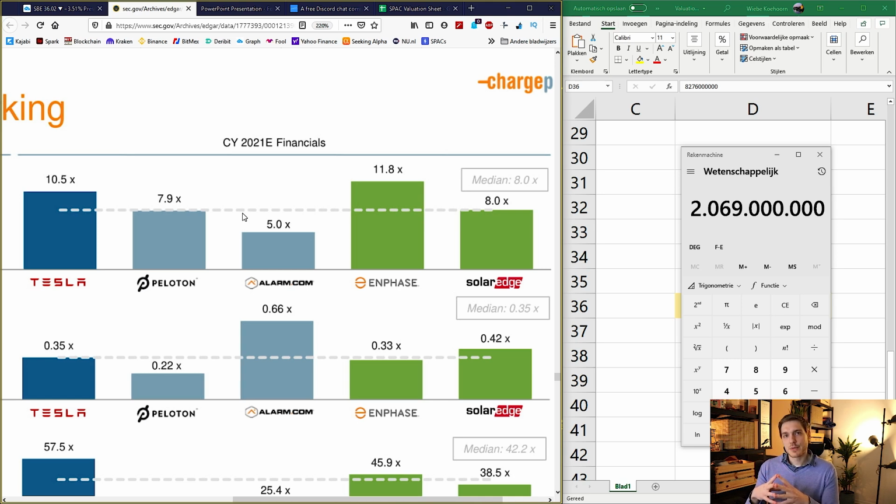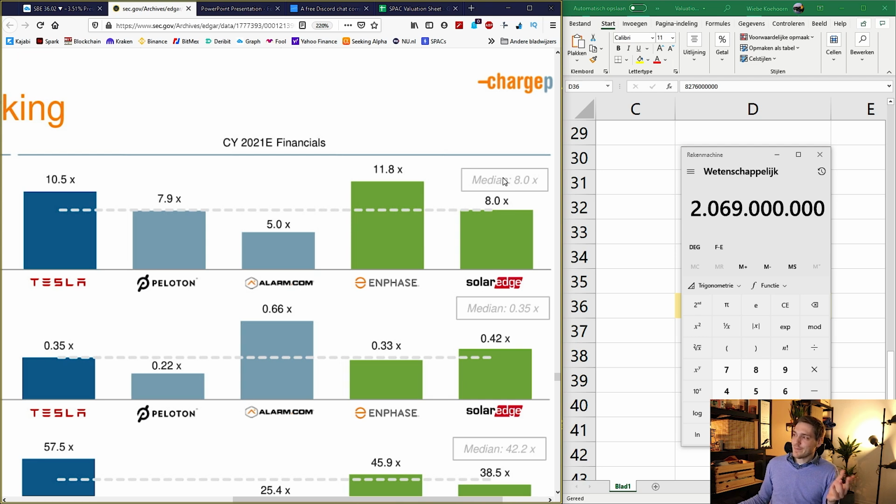What they usually do with SPACs is they look at the so-called median multiple. The median multiple is simply the number in the middle. So if you would put these 5 numbers from low to high, you would start with Alarm.com, then Peloton, then SolarEdge, then Tesla, then Enphase. The middle, the third number of those 5, would be SolarEdge, with a multiple of 8.0x.